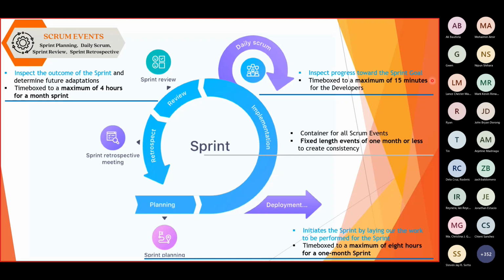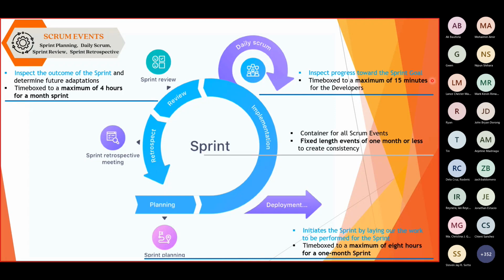The sprint review is unique in the sense that it is the Scrum event wherein you can invite your key stakeholders to participate. Stakeholders meaning your customers, the other teams, the clients that you have. So in this Scrum event, the sprint review, you're going to conduct that review with them.